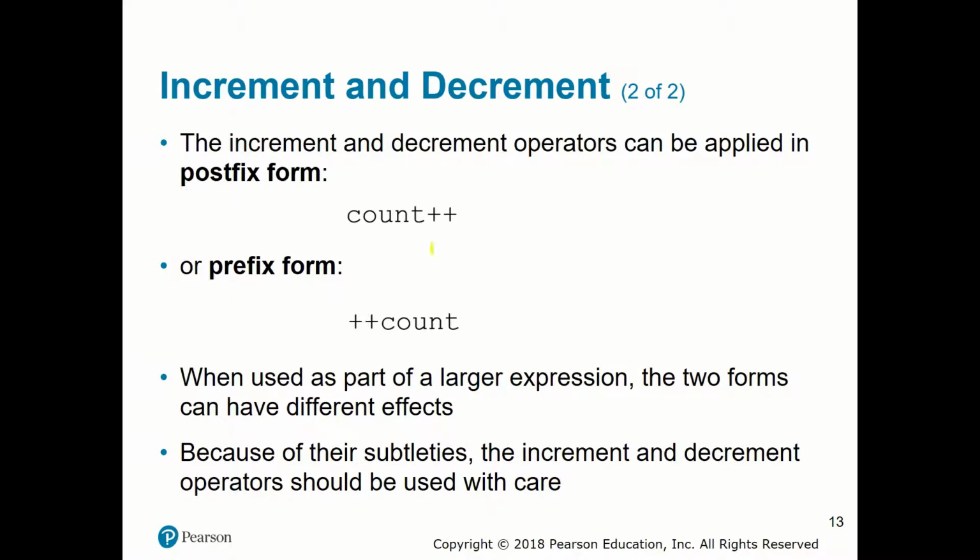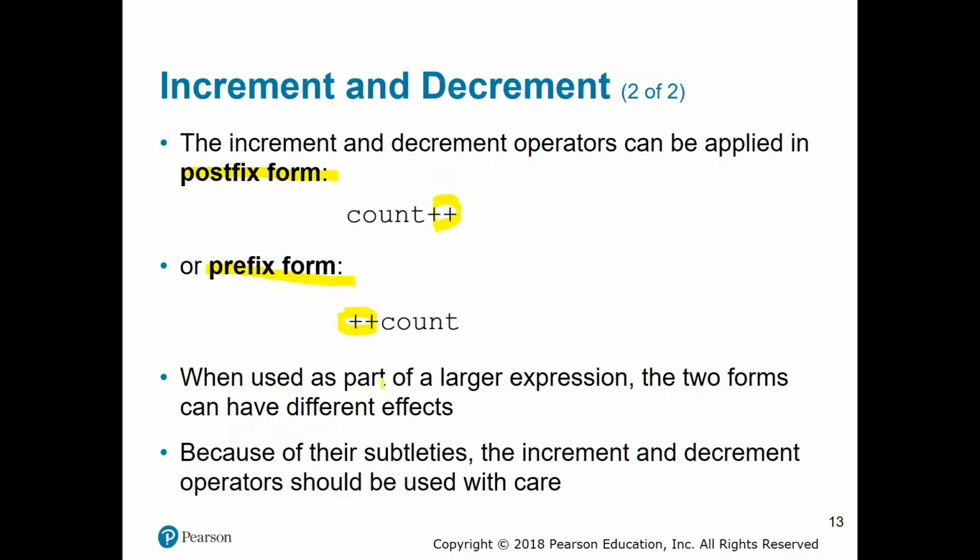The increment and decrement operators can be applied in postfix form and prefix form. Postfix form is like this: the operator is in the last part. And prefix form is where the operator is in front of the variable.